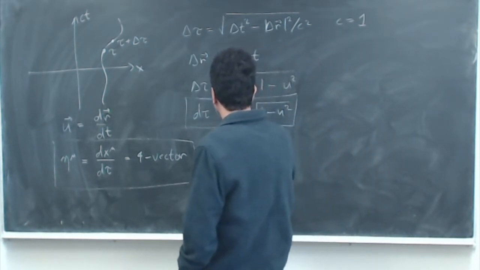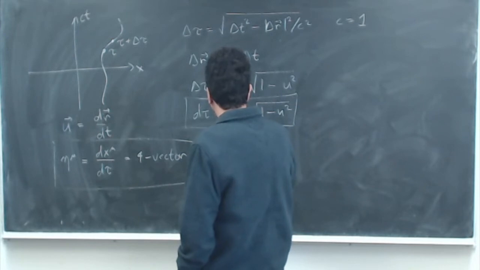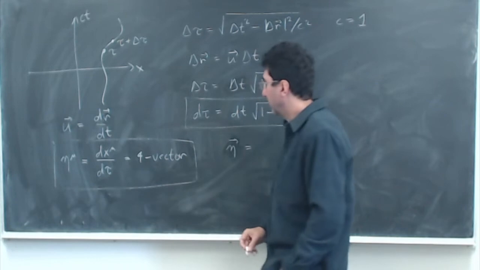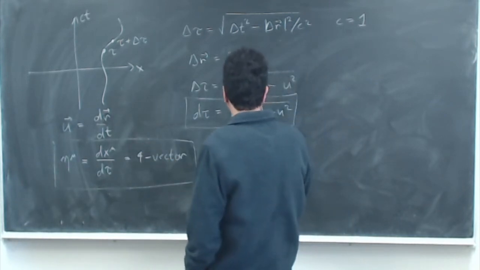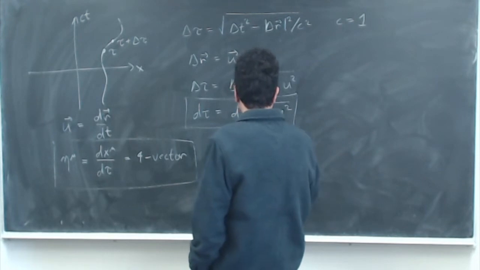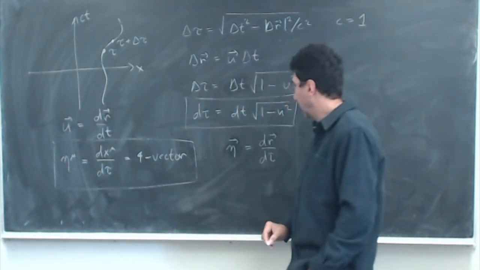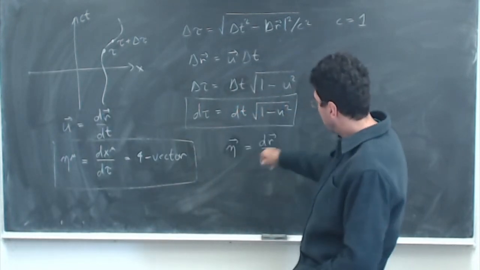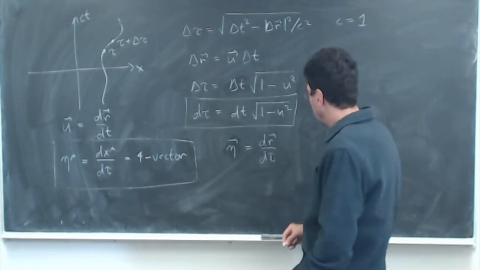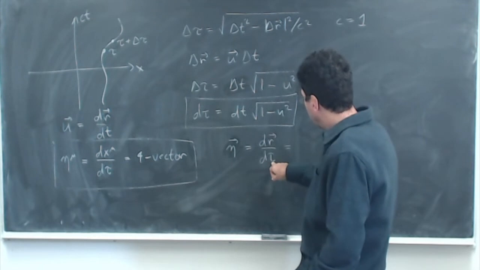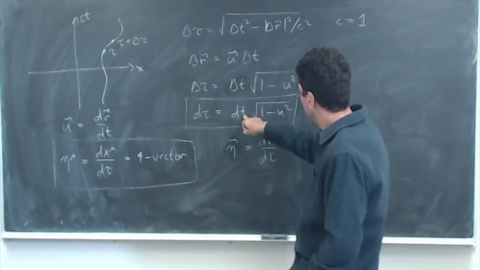So let's first look at the spatial components, eta vector. What are the vector components of eta? Well, that's just equal to dr d tau, because the spatial components of x mu are just the position vector. And d tau we can relate to dt by this formula right here.